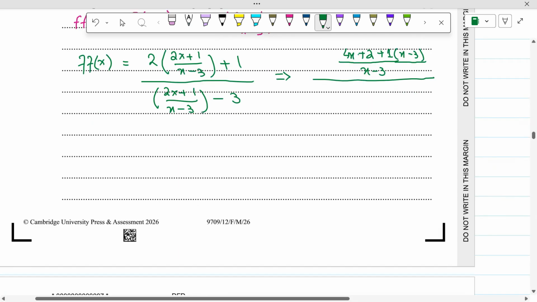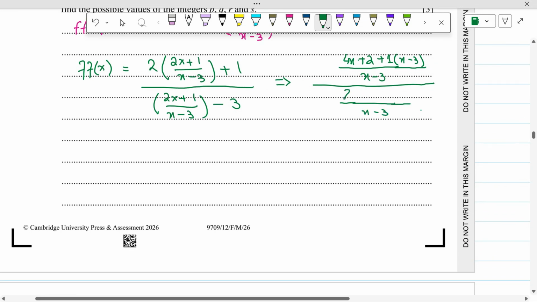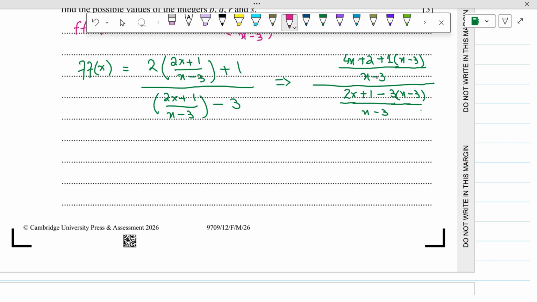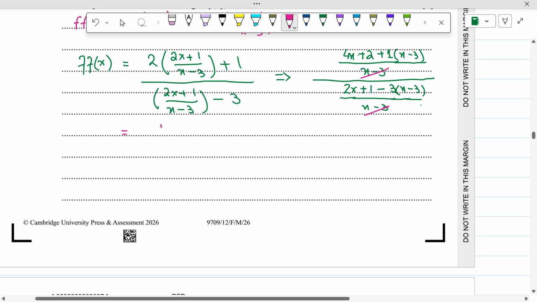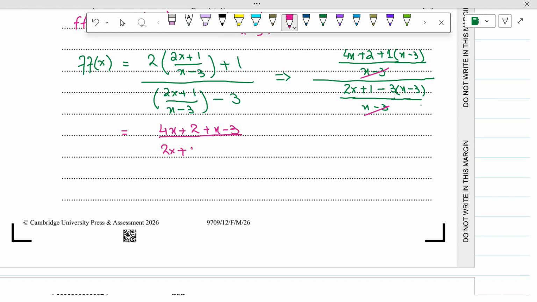Over, taking the LCM in the denominator, we will have x minus 3 and 2x plus 1 minus 3 times (x minus 3). So this x minus 3 and this x minus 3 will cancel out, and we will have 4x plus 2 plus x minus 3 over 2x plus 1.